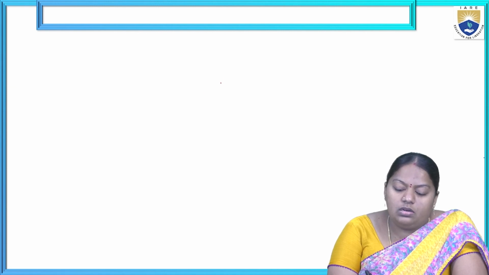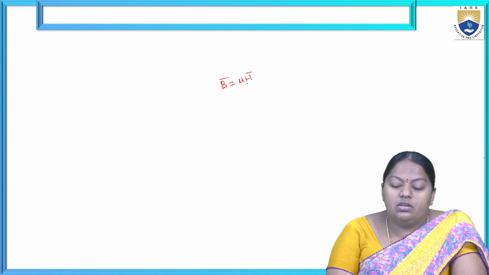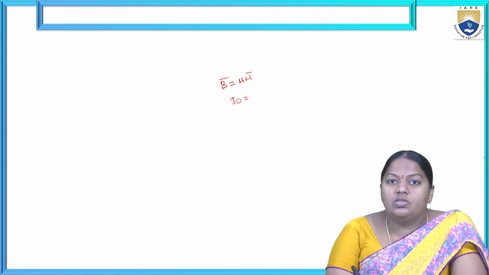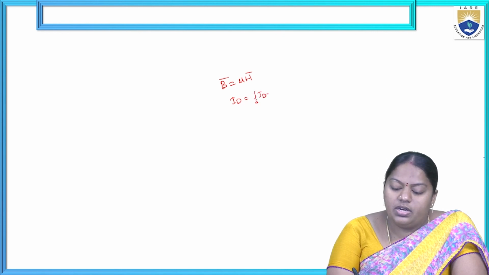First, we used the relation between magnetic flux density B and magnetic field intensity H as B equal to mu into H. Both can be expressed in terms of vectors, and we used the displacement current ID in terms of current density as integral s JD dot ds, and we used the relation between D and E as D equal to epsilon into E.